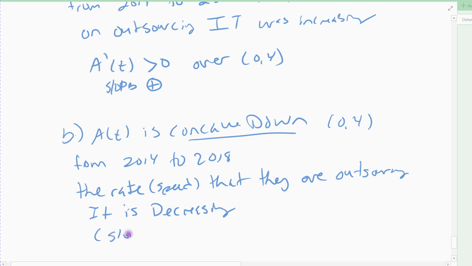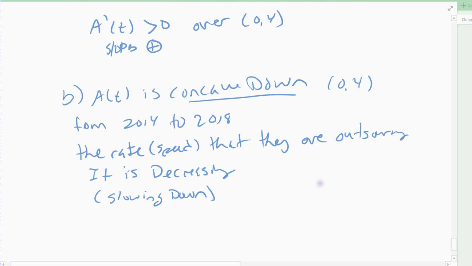It's slowing down. Still increasing, but at smaller and smaller rates. They're spending less on outsourcing. So it's concave down, which means if you found the second derivative, it would be negative. Negative over that interval. It would come out negative everywhere between 0 and 4.